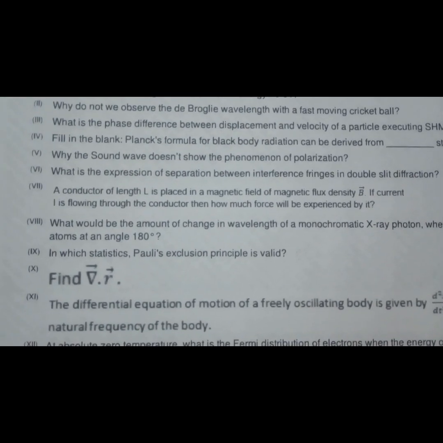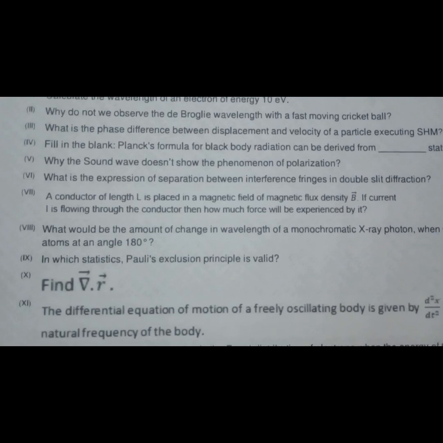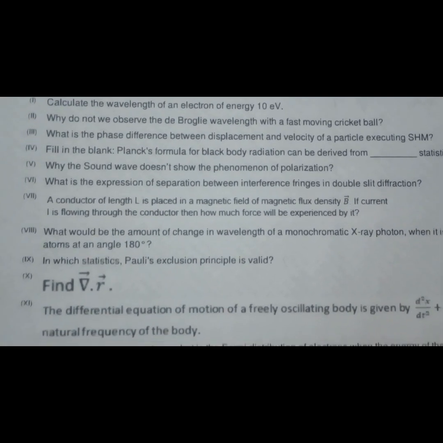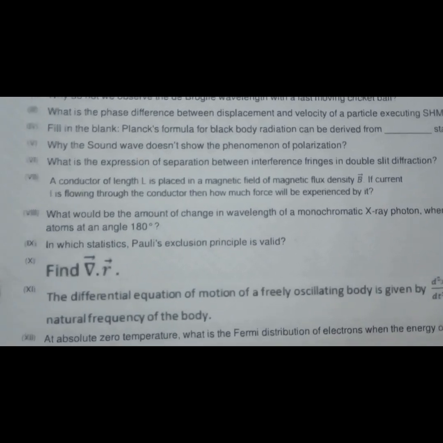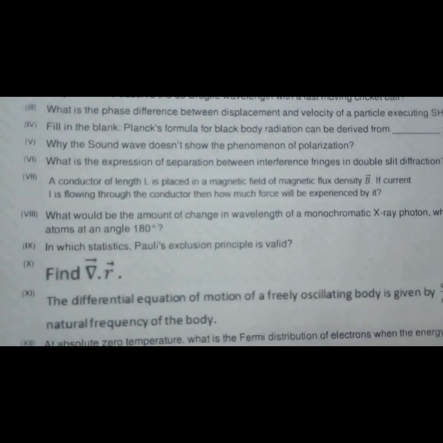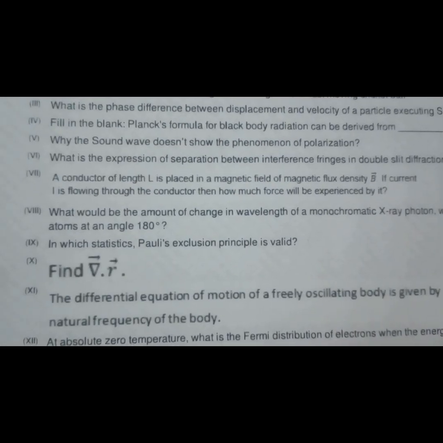What would be the amount of change in wavelength of a monochromatic X-ray photon when it is scattered by carbon atoms at an angle 180 degree? Number 9. In which statistics is Pauli's exclusion principle valid?